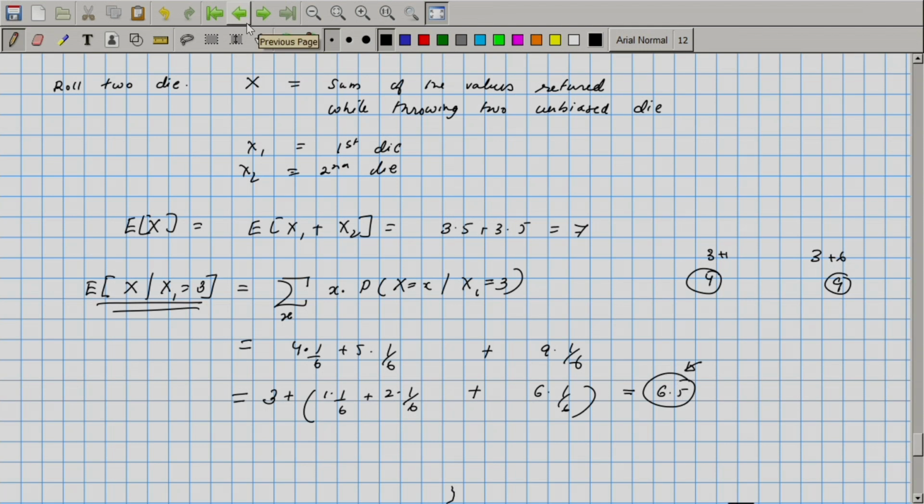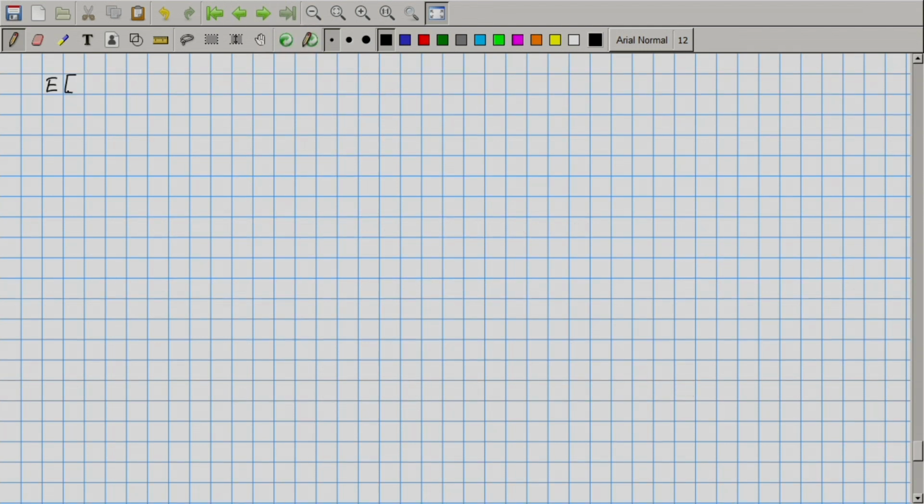The second notion of conditional expectation, although it is called conditional expectation, the notation is slightly different. We will write expectation of X given Y. Here X is going to be a random variable and Y is also going to be a random variable. In the earlier case, X was a random variable, whereas Y, the second parameter, was an event. That event could have been described either as an event or by means of a random variable taking a particular value, but here it is just a random variable.